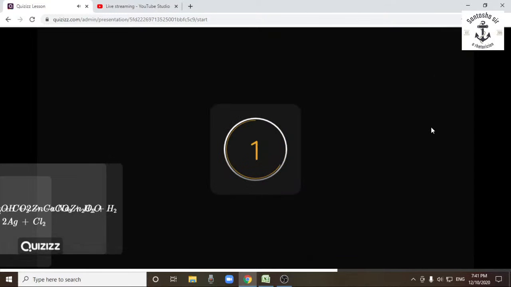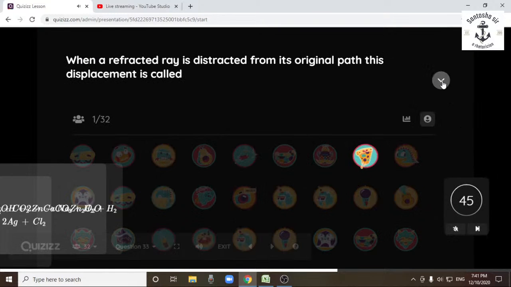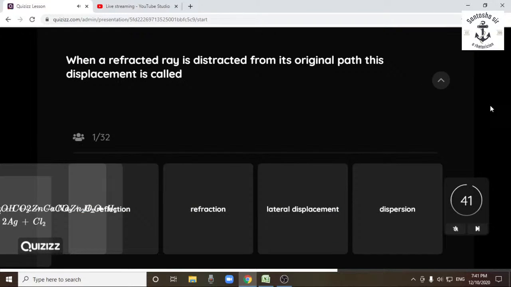Question number 33. When a refracted ray is deviated from its original path, this displacement is called... When a refracted ray is deviated from its original path, this displacement is called... Last 5 seconds.